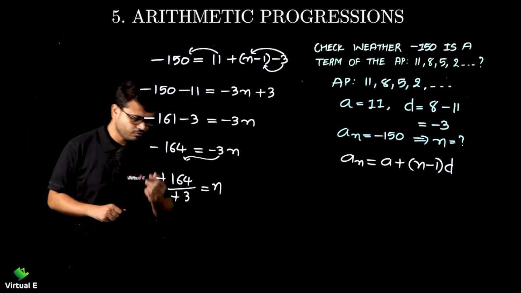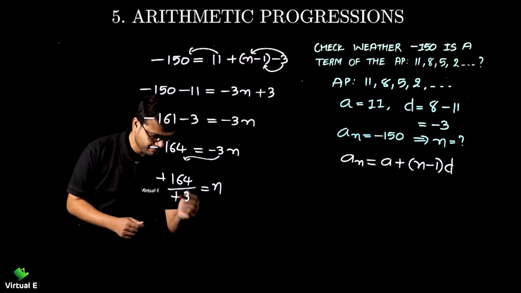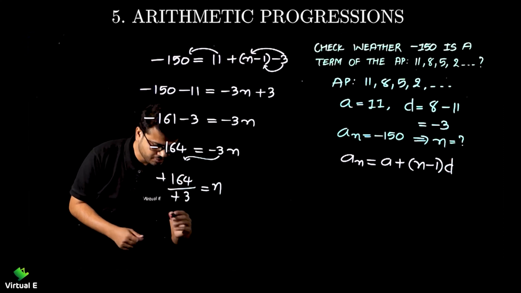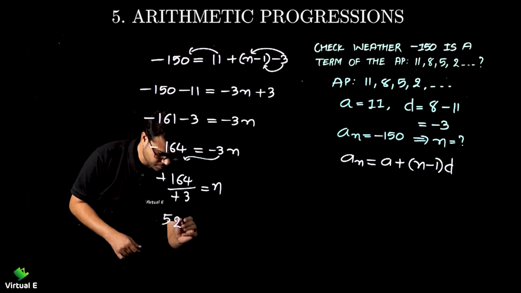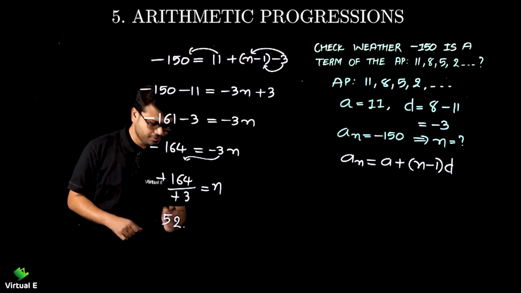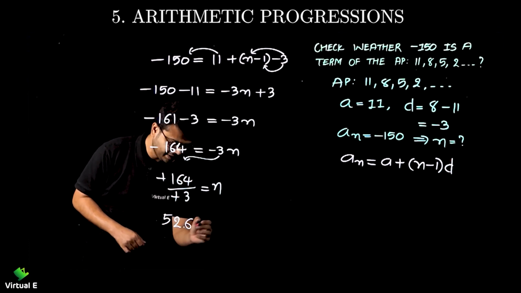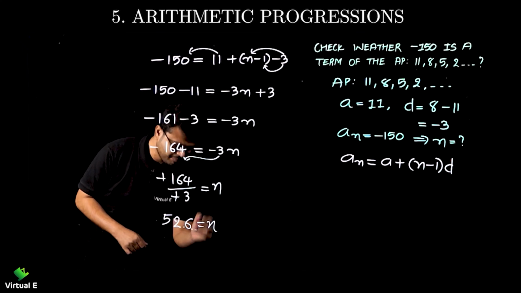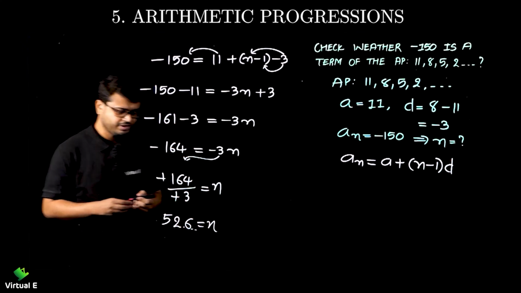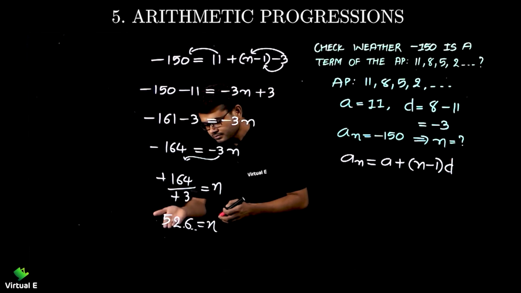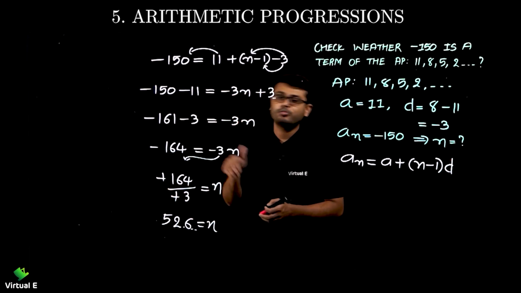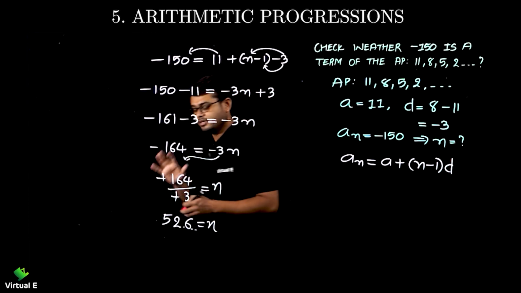Let's divide, even if you want to verify that. 3 fives are 15 and 1 left, then 14, 3 fours are 12, then 20, so 6, and it will keep coming 6, 6, 6 again and again. Now this is not possible. The number of the term is 52.6. It's not possible, right?